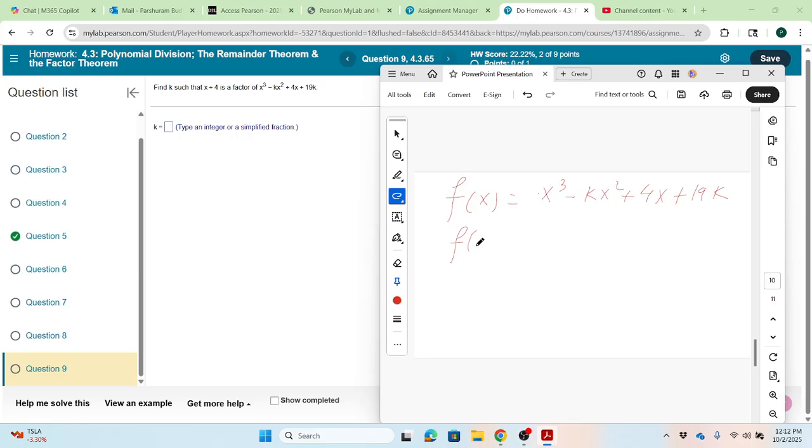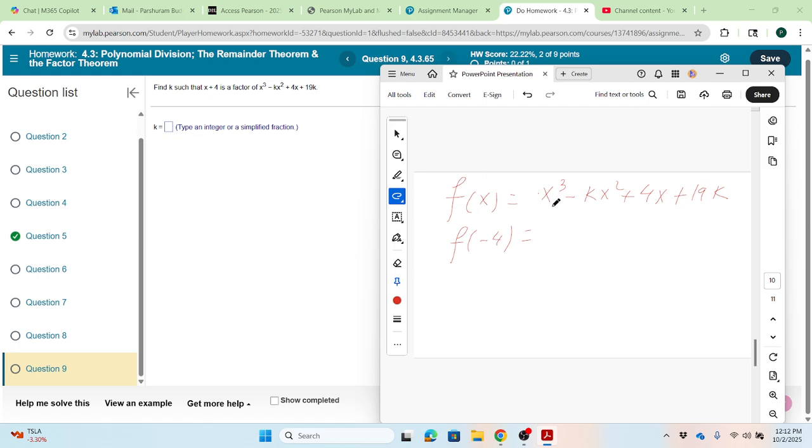So f of negative 4, because when x is negative 4, this becomes the 0. So negative 4 is a 0 of this factor. And if it's a factor of this polynomial, then negative 4 is supposed to be a 0 of this one too.